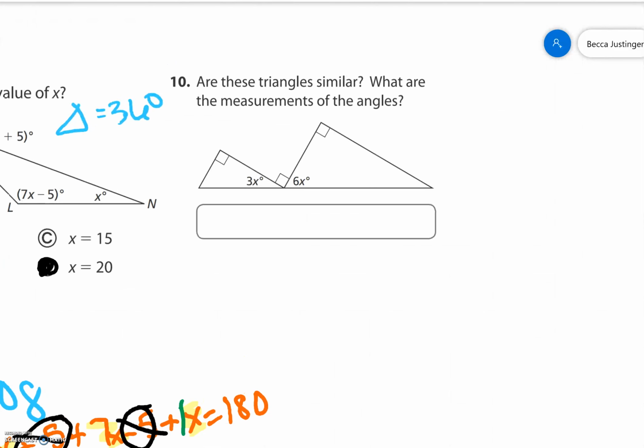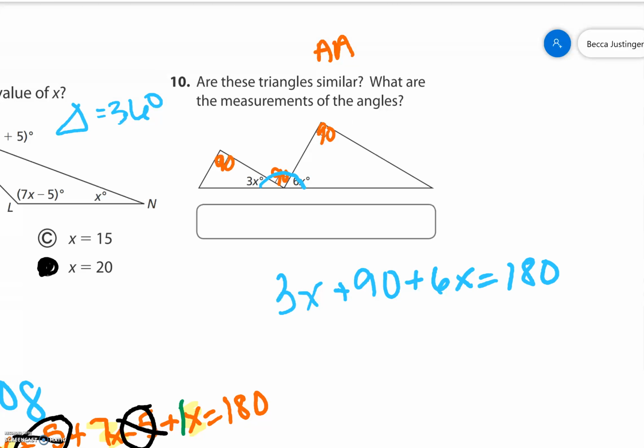Last but not least, are these triangles similar? What are the measurements of their angles? Remember, to find if they're similar, we have to find two angles that are congruent. So this is 90, this is 90, and this is 90. Solving for x first, I know that all three of those equal 180 because they form a straight line. So 3x plus 90 plus 6x equals 180.